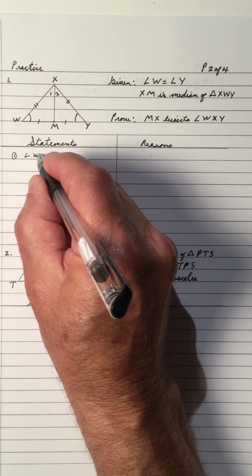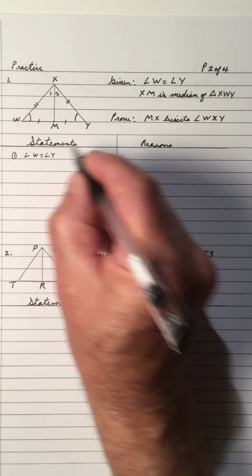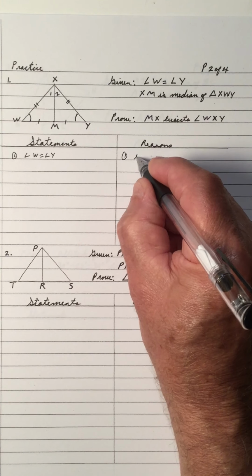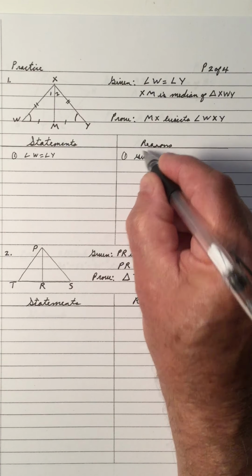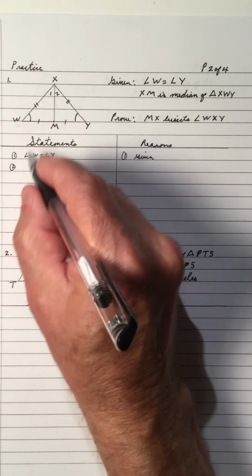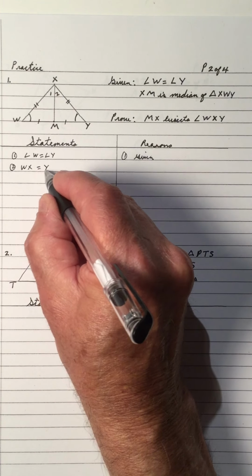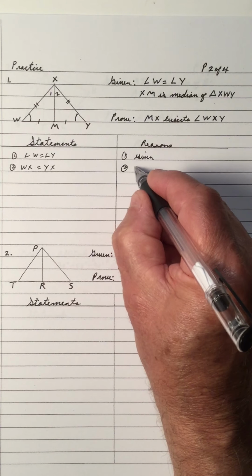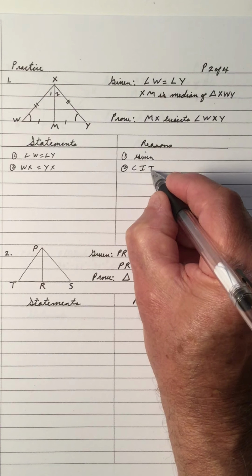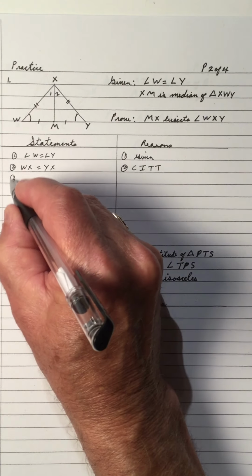So angle W equals angle Y, given. And as a result of those two angles being equal, WX equals YX, converse of ITT.